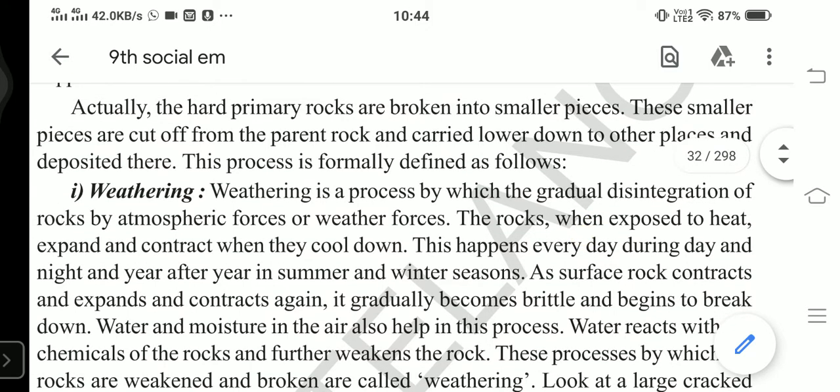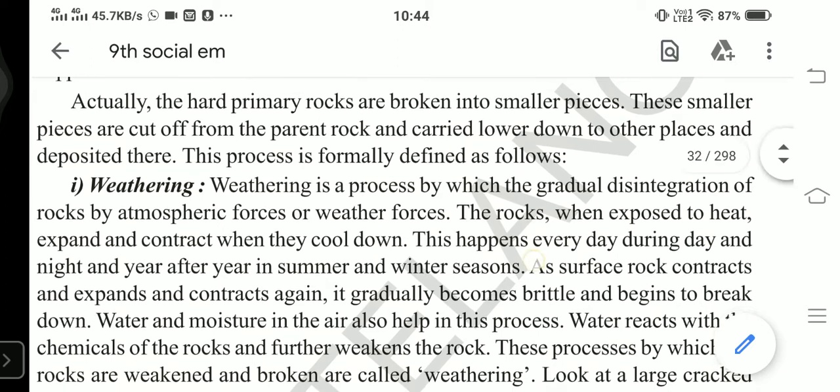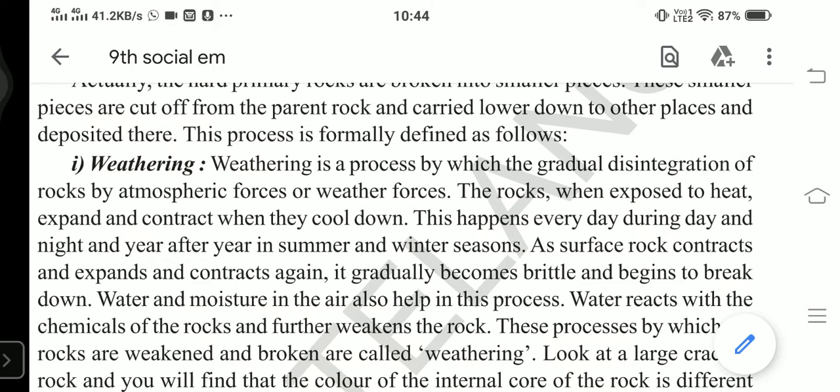What do you see when you go on expanding and contracting a rubber? After doing it several times, you will see that it breaks, right? Similarly, here the rocks which are exposed to the heat and also to the coldness during the winter season undergo gradual disintegration.